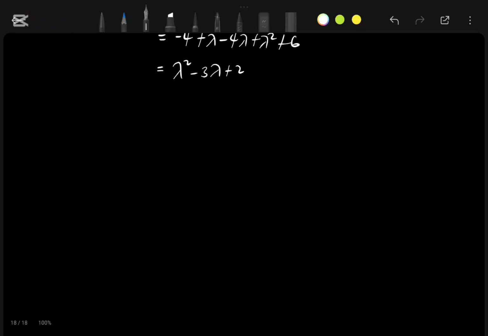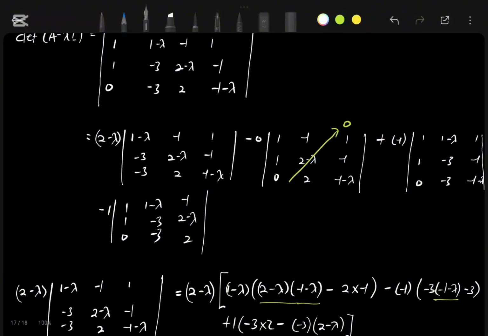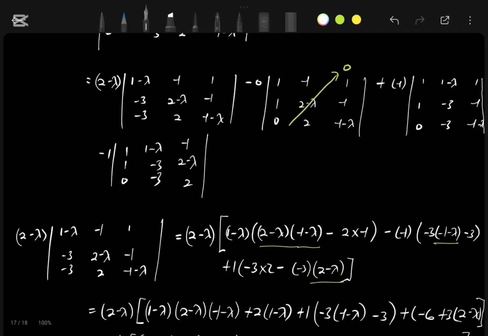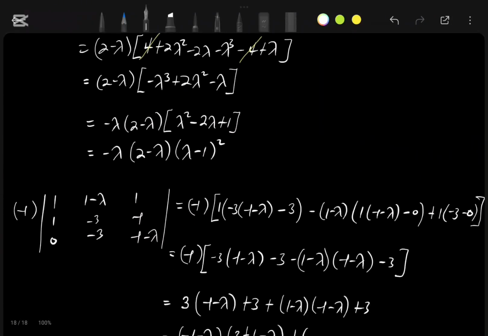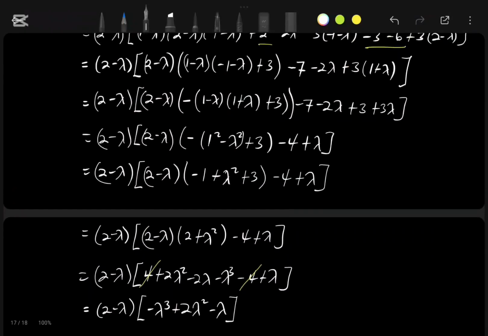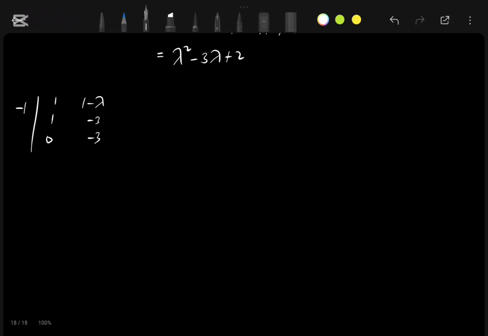Next, we find our last expression, which is minus 1, minus 1, 1, 1, 0, 1 minus lambda, minus 3, minus 3, minus 1, 2 minus lambda, 2.